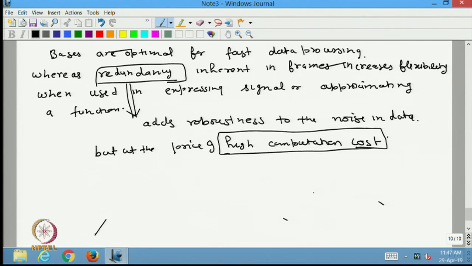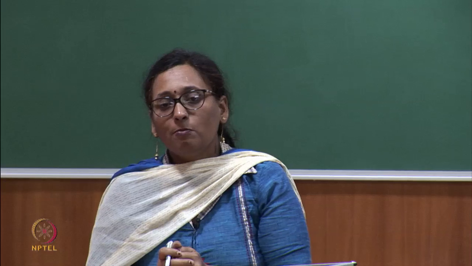Later on, I will take one example where I will explain how bases help in fast data processing and how frames help in providing robustness to the noise in data, at the cost of high computation. So, the difference between frames, Riesz basis and orthonormal basis should be clear to you.